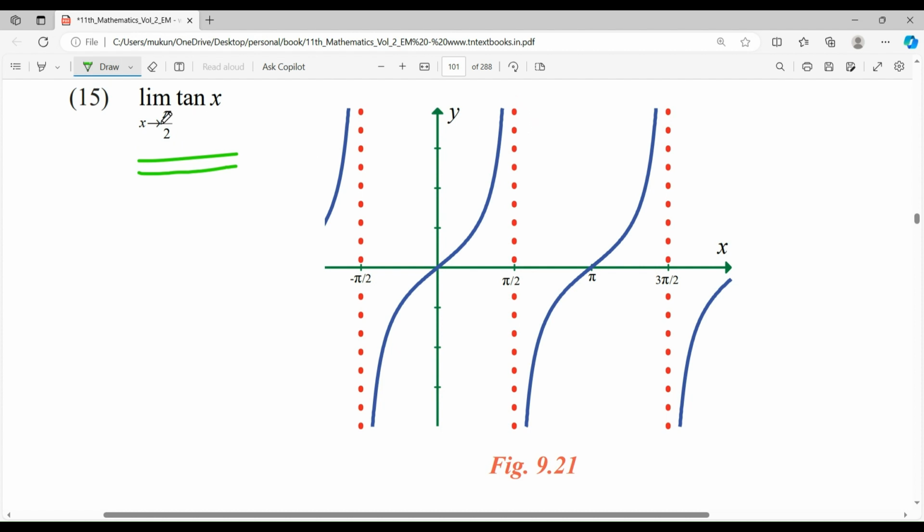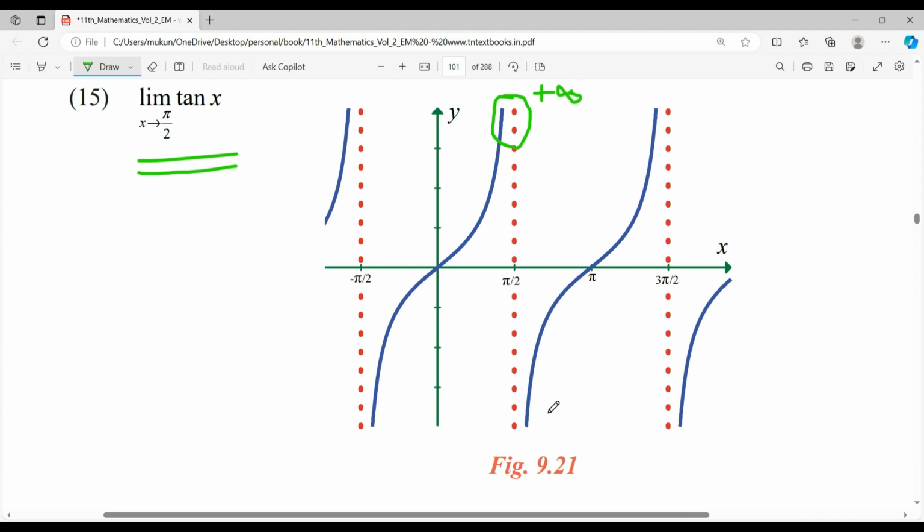So we've been asked to find the limit as x tends to pi by 2. So for the tan function, for values very close to pi by 2 but lesser than pi by 2, it is tending to plus infinity, right?